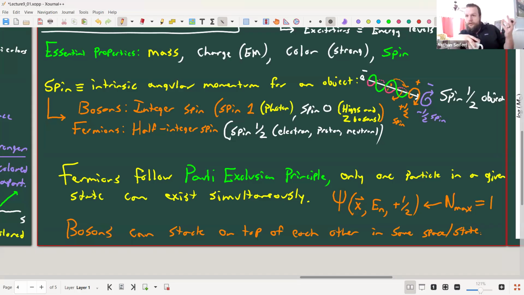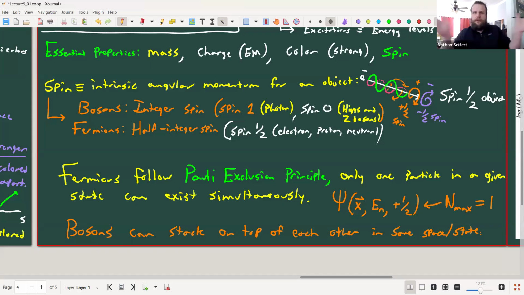There's a spectrum of them. White light means there's lots of different colors, but there's billions of blue photons and billions of red photons. They're all the same energy, all moving exactly the same way, all identical. That's because photons are bosons, and you can stack them all up in the same state, and you've got no problem. Can't do that with electrons. You can only have one electron per state.